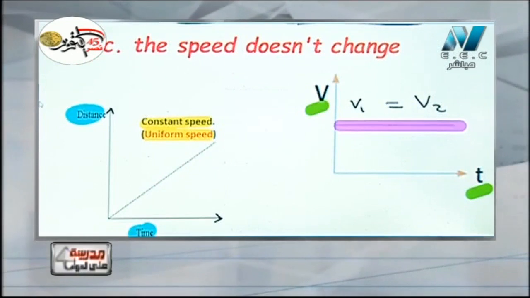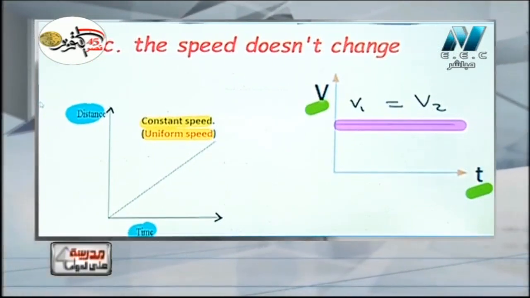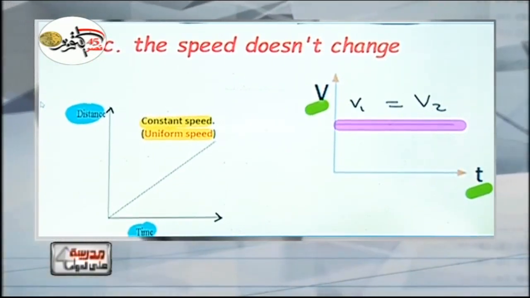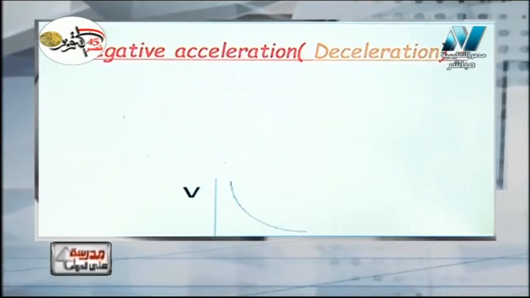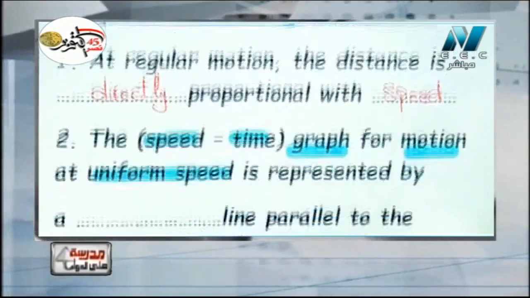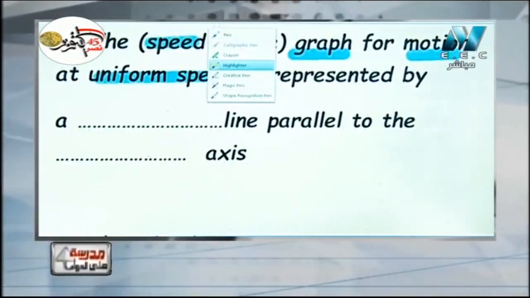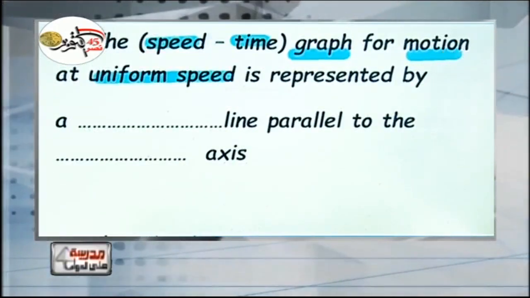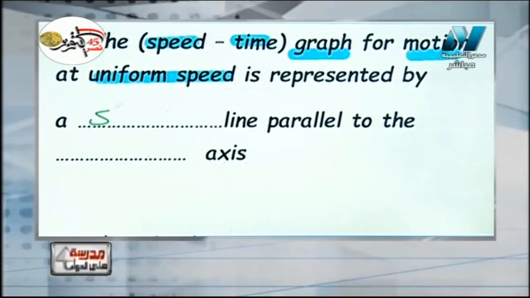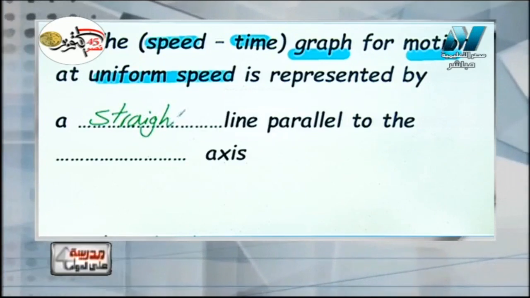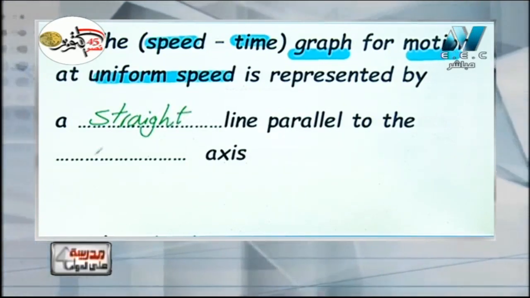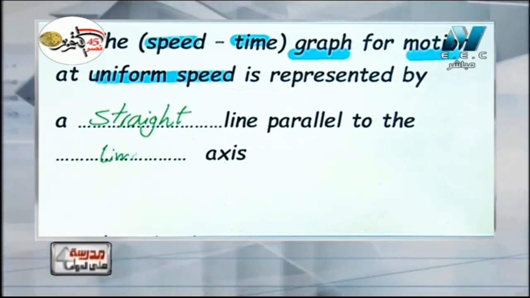V1 equals V2, a straight line parallel to the time axis. So we write here together: is a straight line parallel to the time axis.